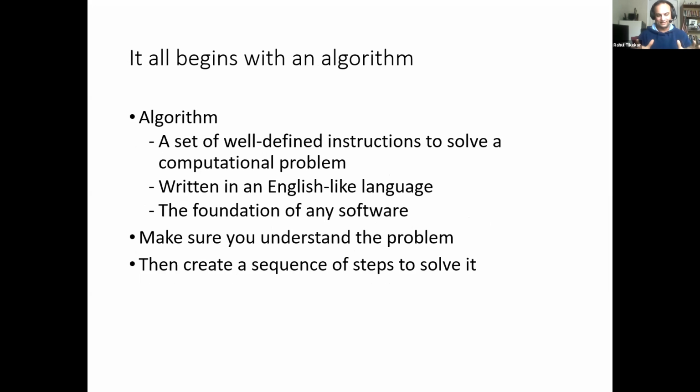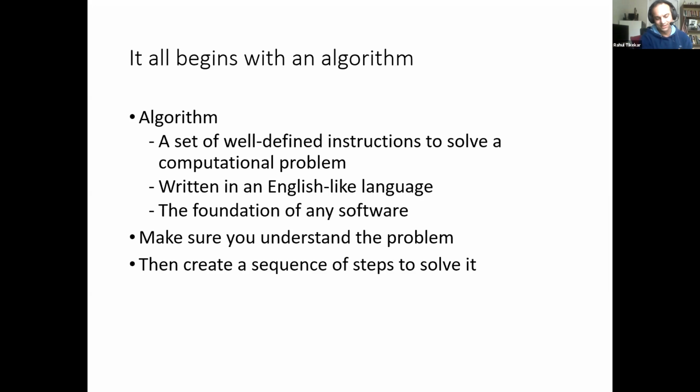So to begin, it all starts off with the concept of an algorithm. Take that word and write it down, because that is probably the most important aspect of all of this. An algorithm is a set of well-defined instructions to solve a computational problem. Typically, we don't use the word algorithm for your daily life.